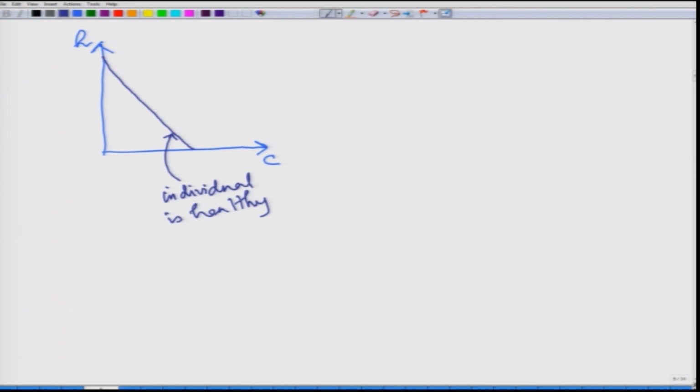So this is my budget line, and I can draw my indifference curve over here. This is my indifference curve. Maybe I can write indifference curve, healthy.